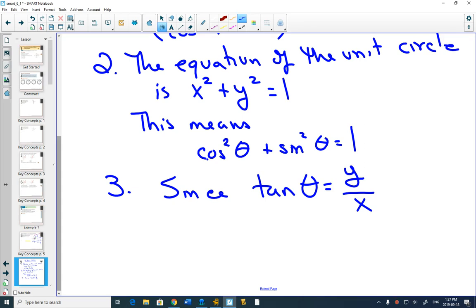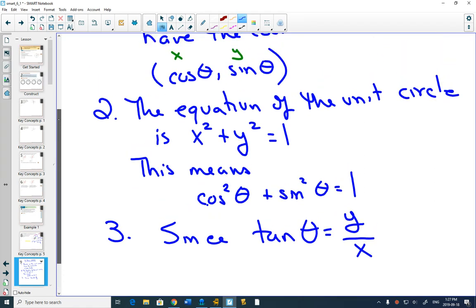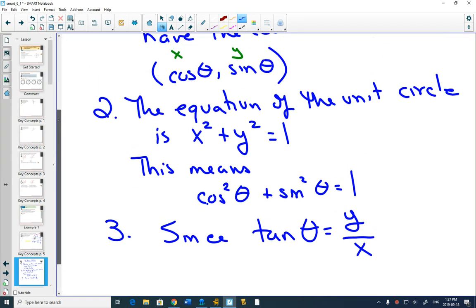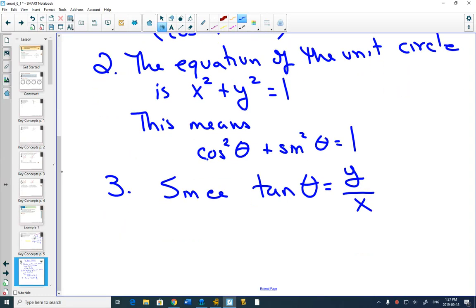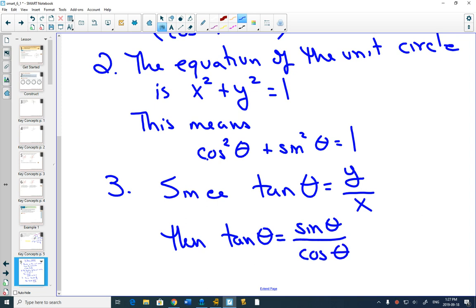But if we think about big idea number 1, and y is equal to sine of theta and x is equal to cos of theta, then tan of theta is always sine of theta over cos of theta.